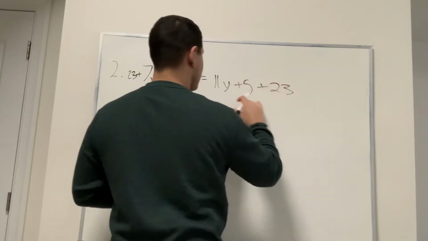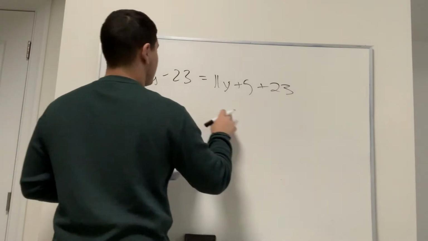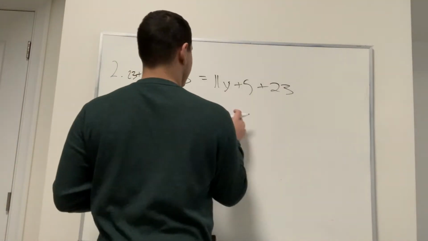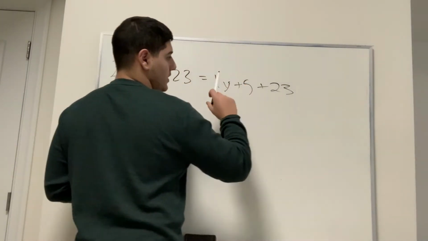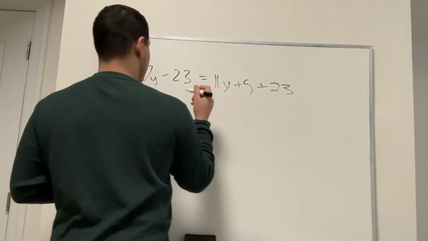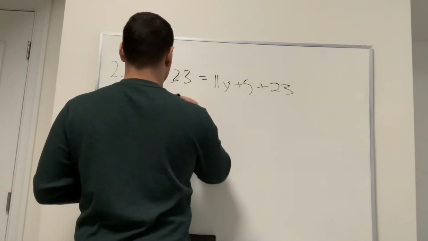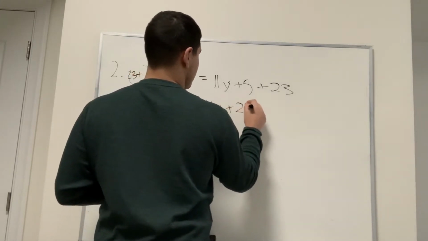You see we didn't change the problem because we're really just adding the same thing to both sides, so you're not changing the equation. Because you can subtract 23, and then this goes to 0, so nothing changed. But here now 23 cancels. You're left with 7y equals 11y plus 28.